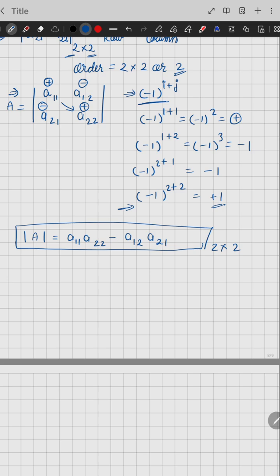Next, if you have to calculate the determinant for a matrix of order 3, how do we do it? So similarly, like we did before, this is row 1, this is row 2, this is row 3, and this is column 1, this is column 2, and this is column 3.